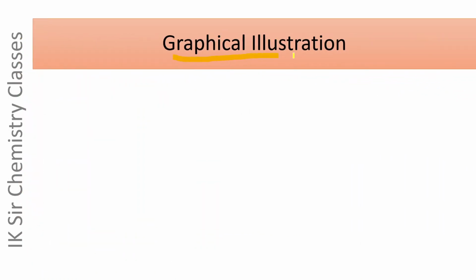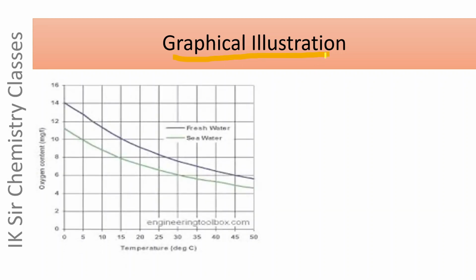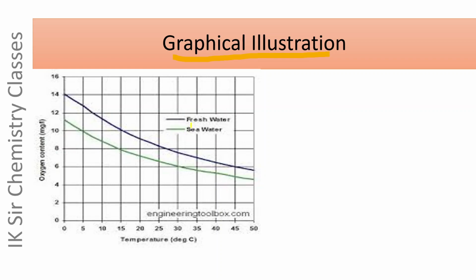Graphical representation of the facts discussed earlier. It is fresh water and the green line is for seawater. This is DO value in ppm increasing in upward direction, and here we have temperature.